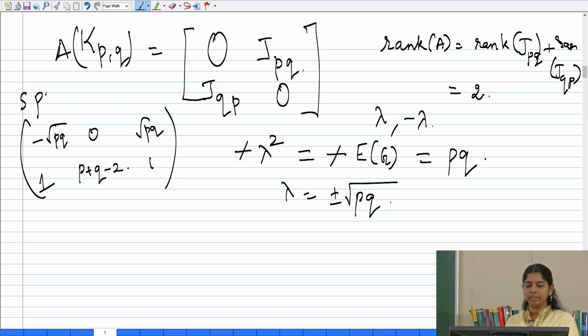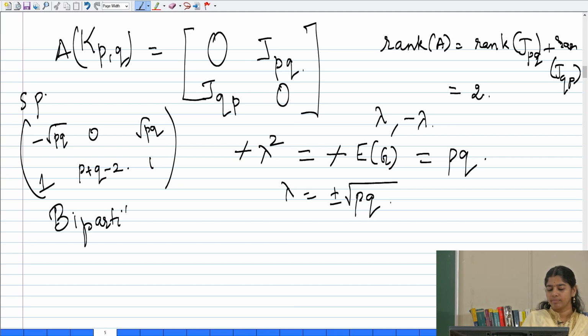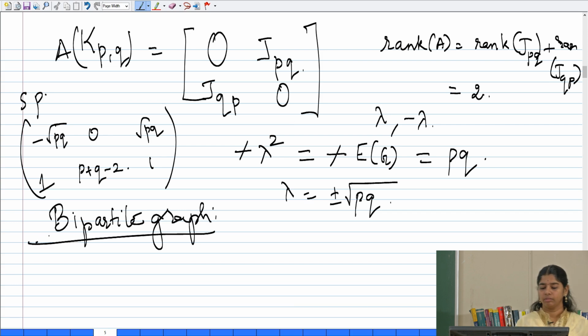There is also another alternate way of doing this which we will see quickly. What about any bipartite graph? It is a generalization of the complete bipartite graph. Again the structure is the same for a bipartite graph. You have a block matrix, so you have 0.